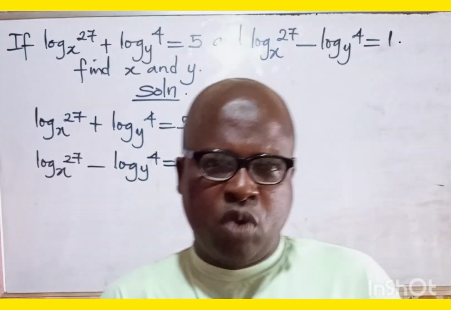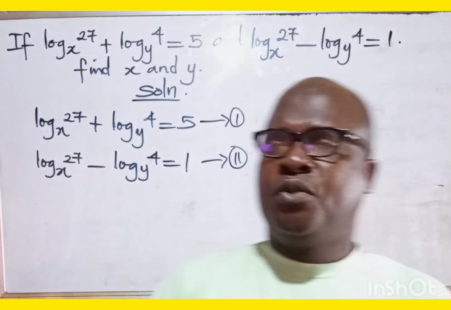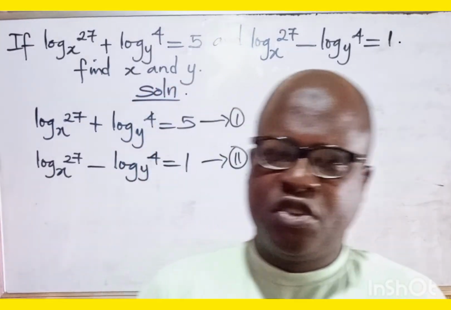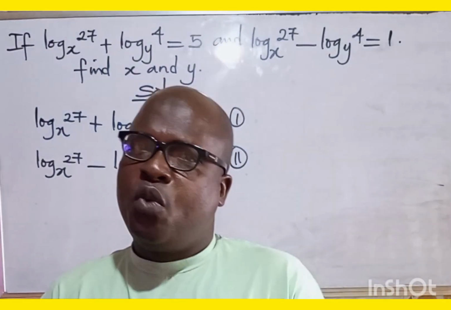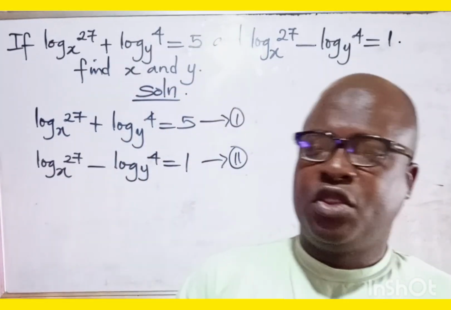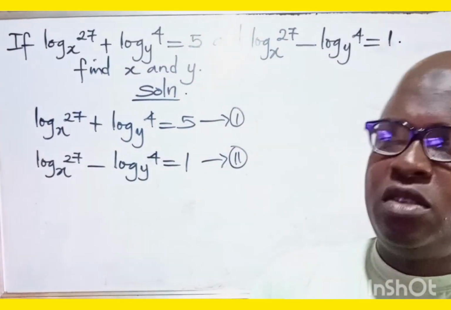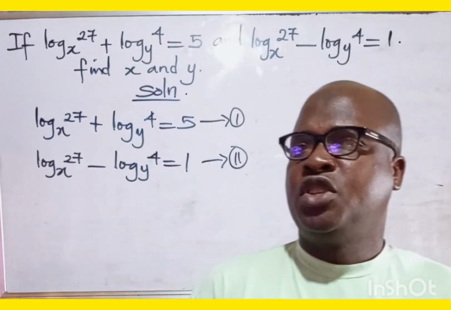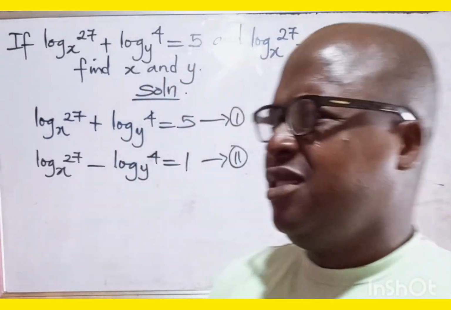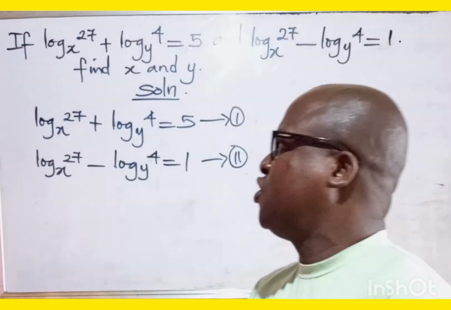Of course, we know that when we are solving simultaneous equations, we have different methods: the substitution method, the elimination method, we can solve graphically, and we can use the matrix method too.